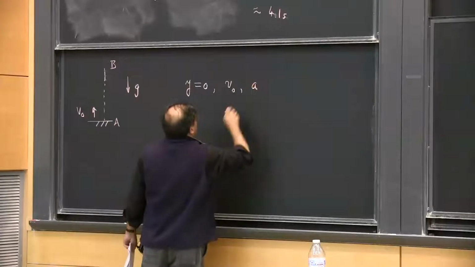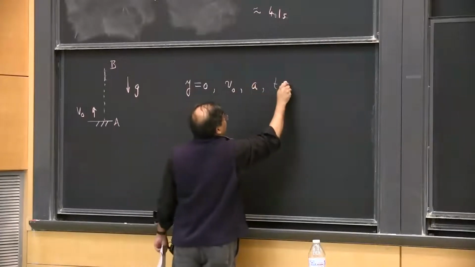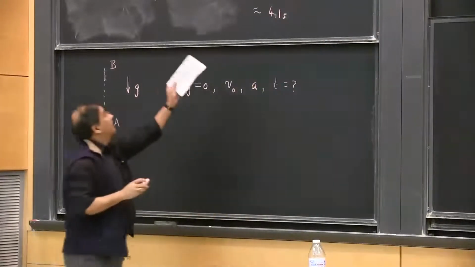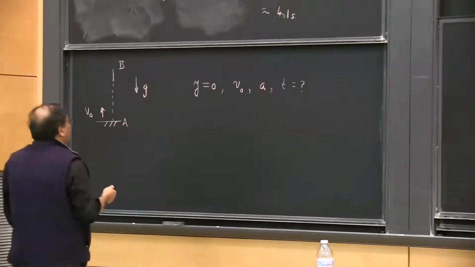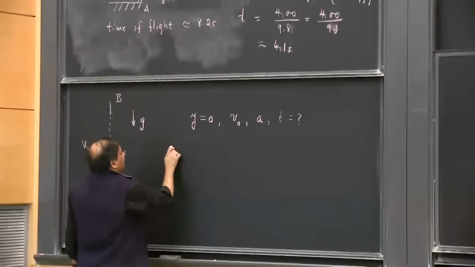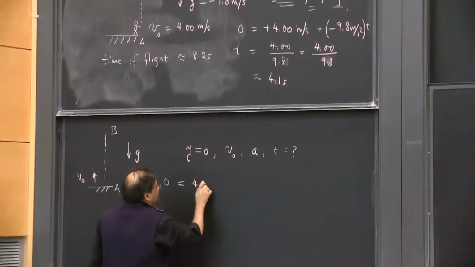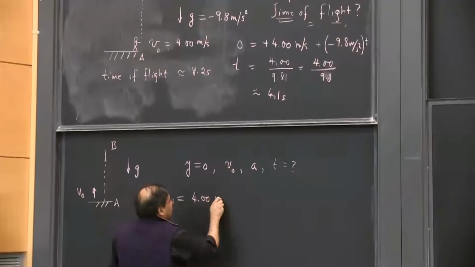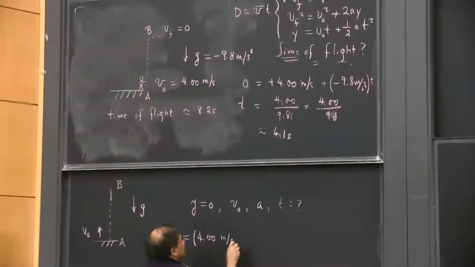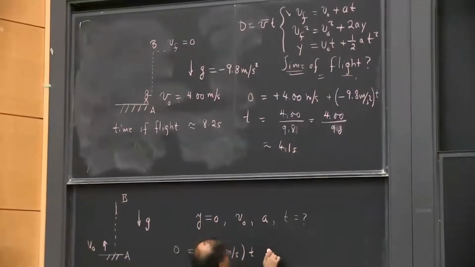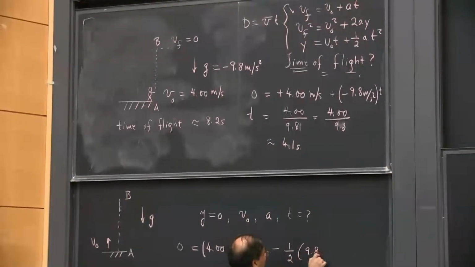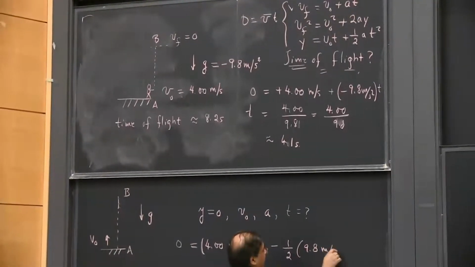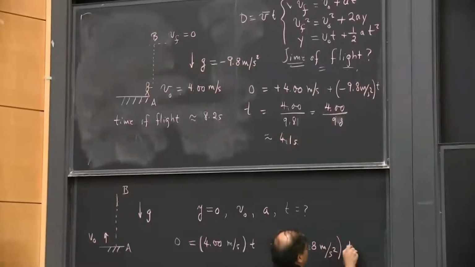I certainly know acceleration. So what is time? I should be able to find that, and the third equation up there is staring at you, because that's the one that's easy to use. Y is 0 anyway. So I can write 0 equals 4.00 meters per second times time minus 1/2 times 9.8, or 10, whatever you want to keep, times time squared.